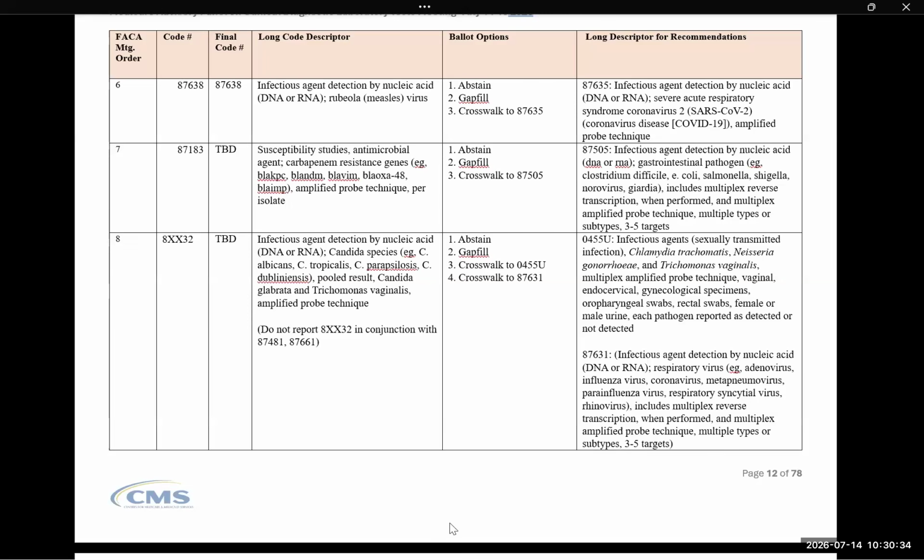So our final recommendation is to crosswalk to 87505. Thank you. And are there any new options for the panel to consider? Or any questions or comments from the panel or CMS on this code? All right, if there are no additional comments or questions, panel members, please cast your votes.